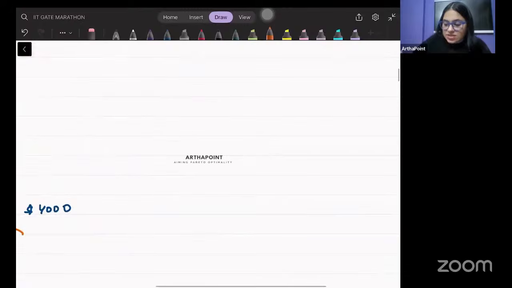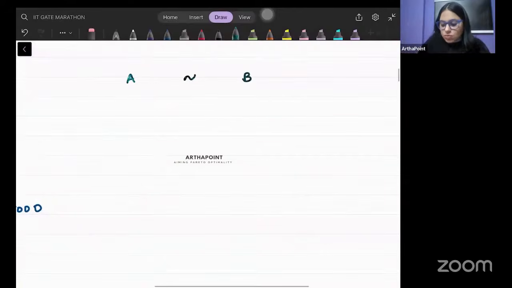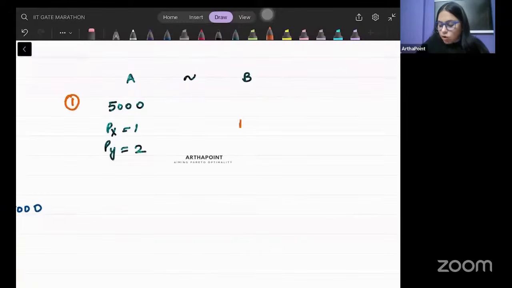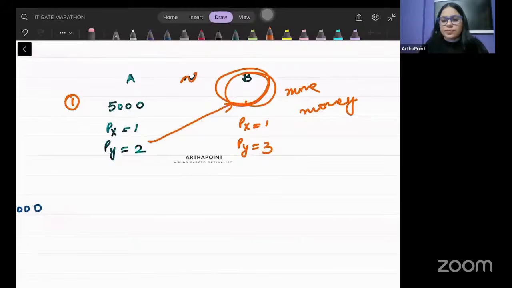So when I am saying that, देखो दो चीजें कर सकते हैं. I have to make consumer indifferent between the two situations. अभी तक consumer को 5,000 यहाँ मिल रहा था. His price of good X was 1, price of good Y was 2. So first thing that I can do is, because here things are expensive, I can give him more money. ज़्यादा पैसा दे दो ताकि he is indifferent.